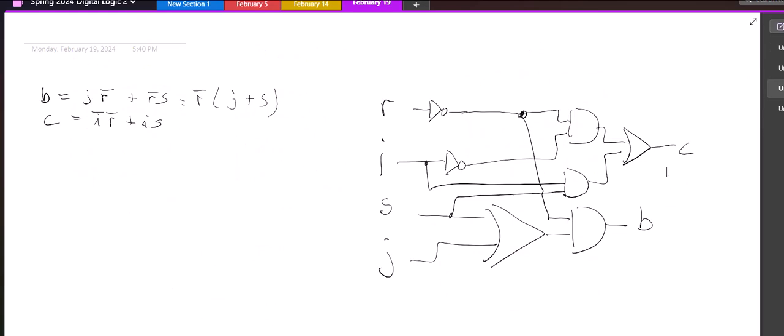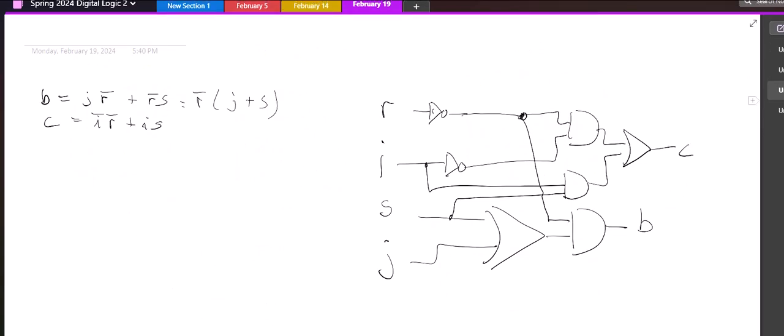And I will just go ahead and use 1 and 2 of the NOT gates, 1, 2, and 3 of the AND gates, and 1 and 2 of the OR gates. So let's start with the NOT gate.